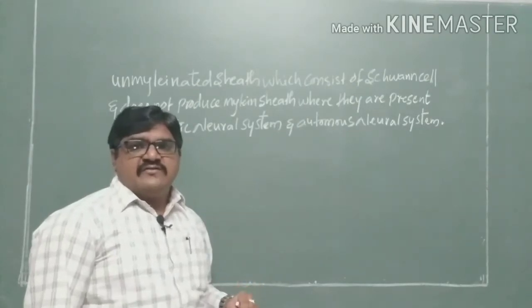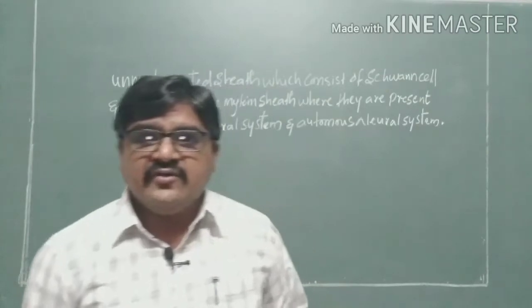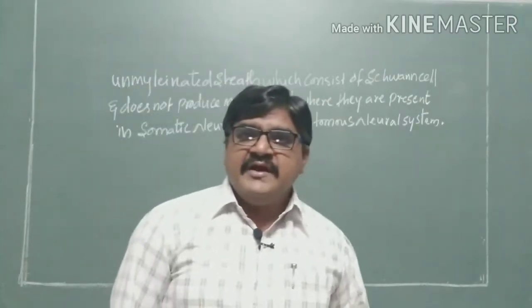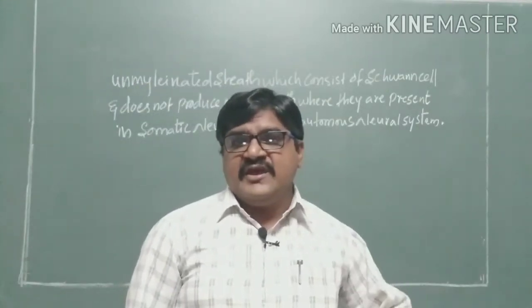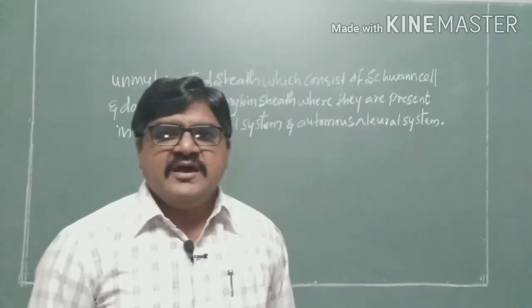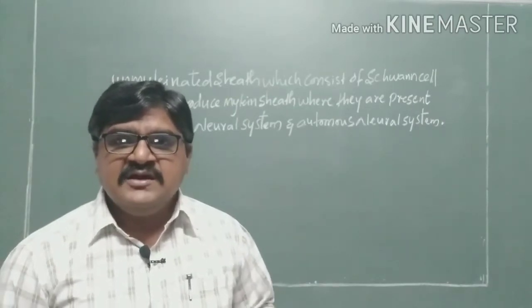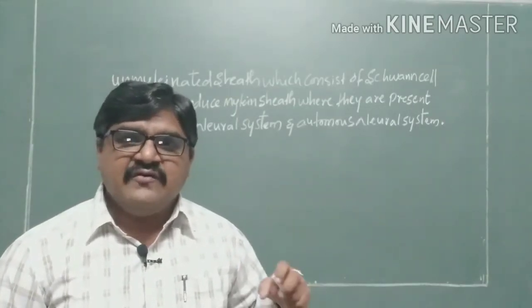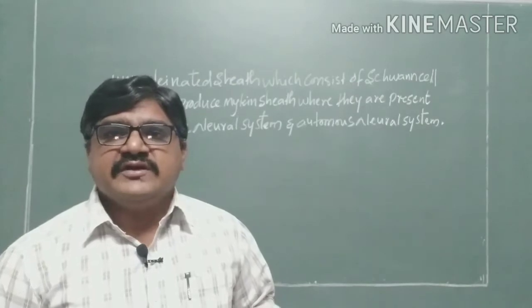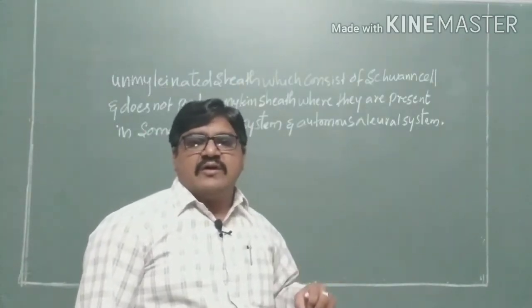So, this is the structure of the neuron, a very important diagram for theory as well as the board exams. Sometimes it is asked to explain the structure of a neuron with a neat labeled diagram. That is very important.